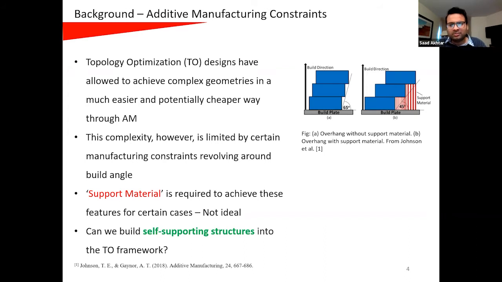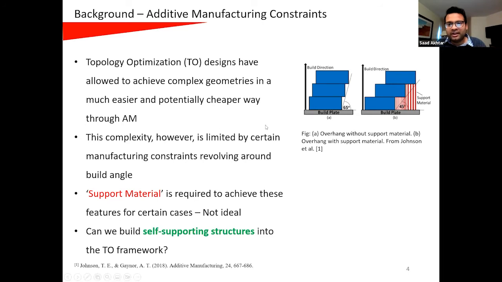You start at the bottom of the build plate, a platform where you build your part on top of, and in the direction normal to the build plate, which is referred to as the build direction here, the part is manufactured layer by layer. So if your part has certain features which require it curving at certain angles, then that could sometimes be a problem depending on how severe the curve is.